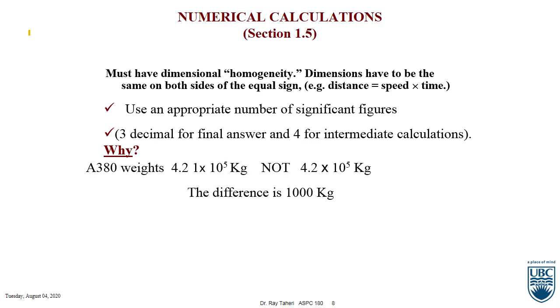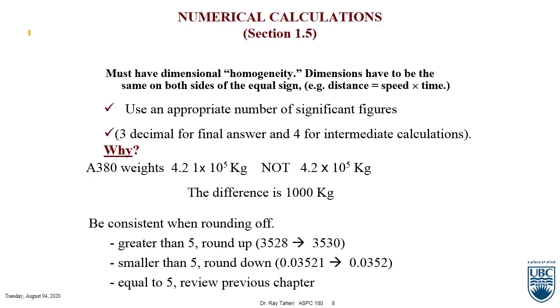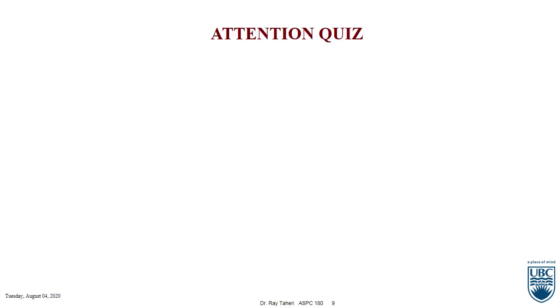Because if we do, we are missing 1,000 kilograms, a ton. A ton is huge when you are sending something to the air. And if you go out to space, every gram counts. So it depends on the sensitivity of your calculation. That's why you always have to respect significant figures. Again, we talk about the rounding rules. Perhaps you can go over previous chapters.